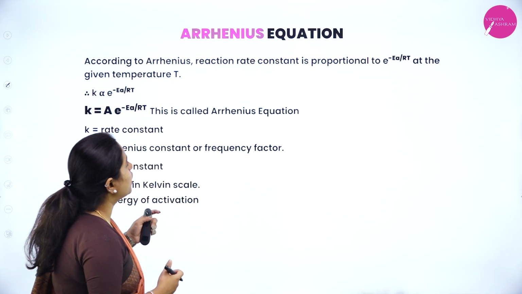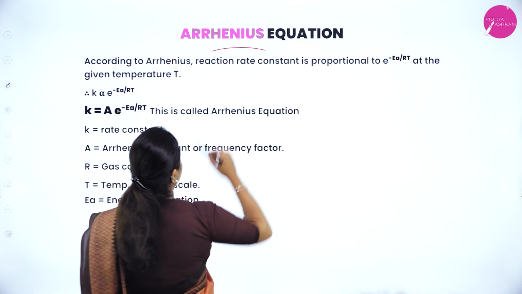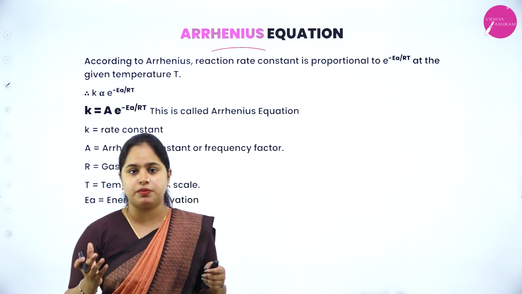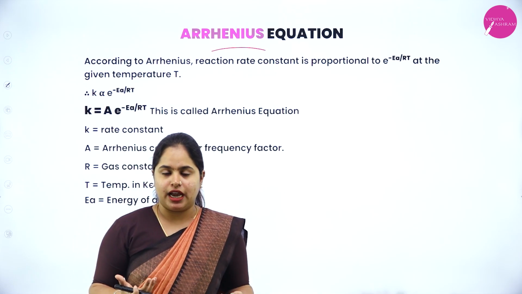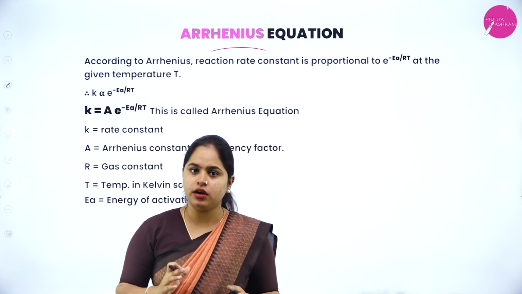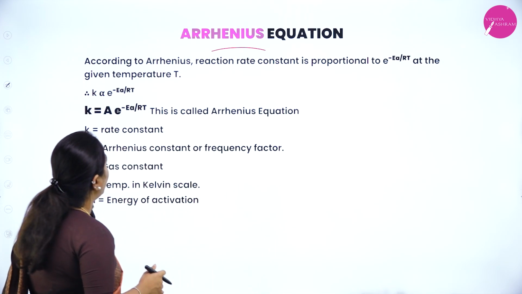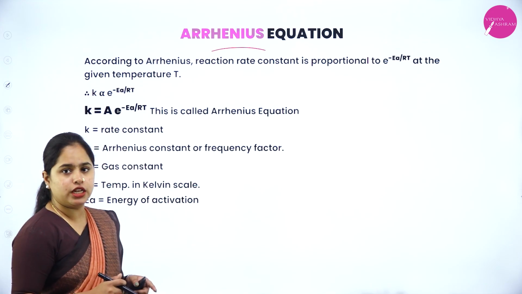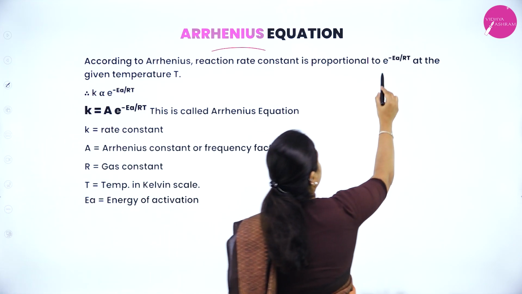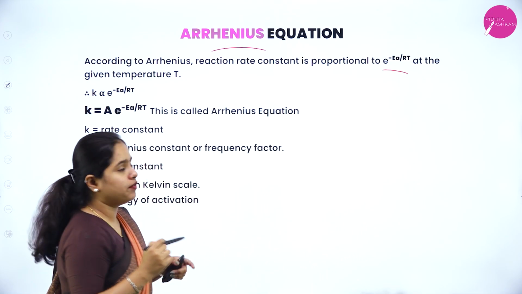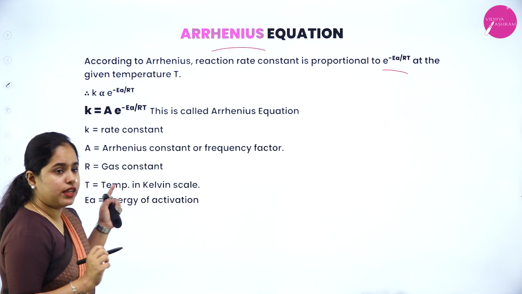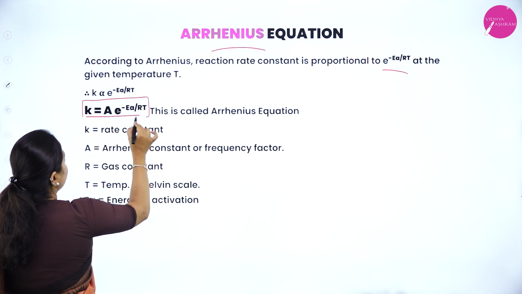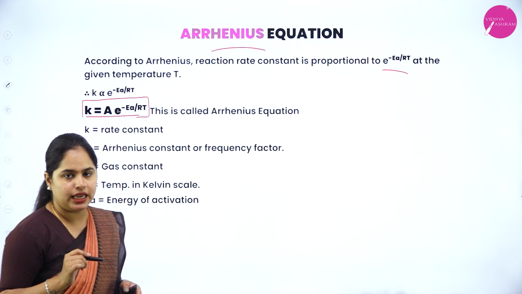Now we are going to study a very important equation, the Arrhenius equation, which gives a relationship between the rate of the reaction and how it depends on temperature. According to Arrhenius, the rate constant is proportional to e raised to minus Ea by RT at the given temperature T. So this is a very important equation: K is equal to A into e raised to minus Ea by RT.